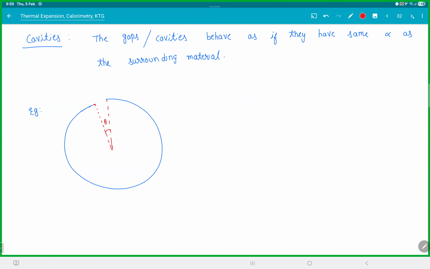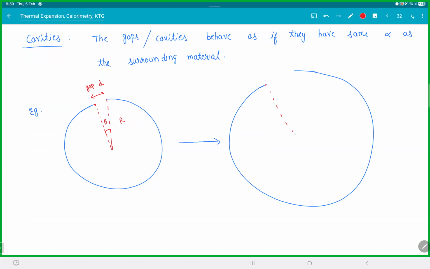So if this angle was theta and this was radius r and this gap was d, and now if you increase the temperature, the gap will still have the same angle. That is a catch. Because the total angle is 360, that cannot change. The angle will remain the same. The radius will be r into 1 plus alpha delta t. So the gap also will be d into 1 plus alpha delta t.